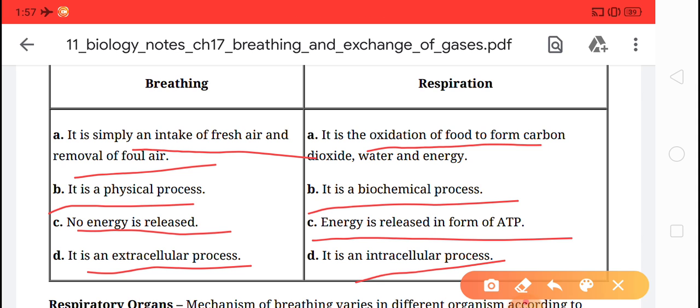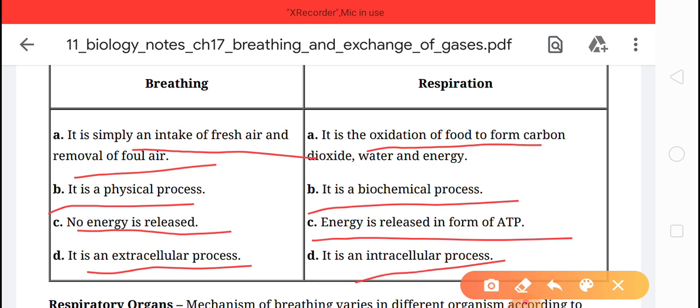Inside, outside. Clear? So this is the quick difference between breathing and respiration that we have discussed here. By the process of breathing, we exchange gases, while by the process of respiration, the food is broken down and releases energy along with water and carbon dioxide. Okay, clear about this, children?